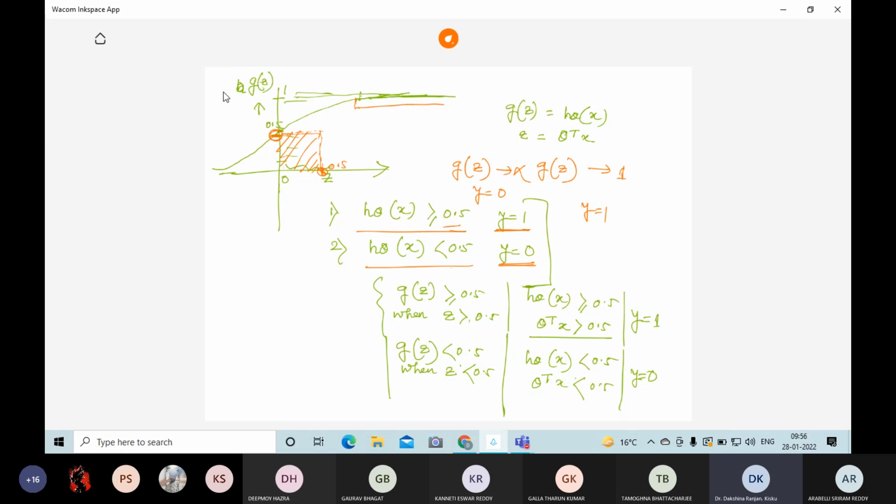when y is found to be 1, or when y is found to be 0, this hypothesis can also be represented with conditional probability.